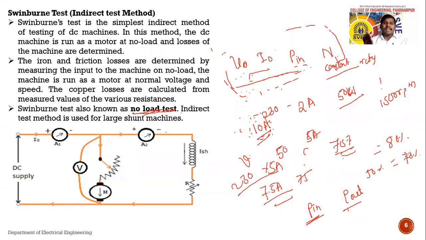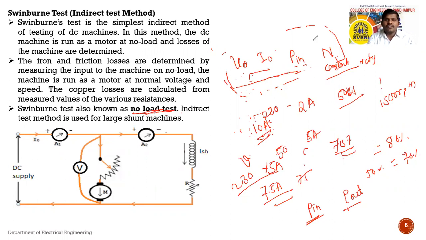So this performance can be judged by conducting this test, and this is the indirect method of testing. Instead of putting direct load, we are testing it indirectly. If 50% load is assumed on the machine, what would its efficiency be? That means we are doing an assumption and calculating the efficiency. It is the indirect method of testing.